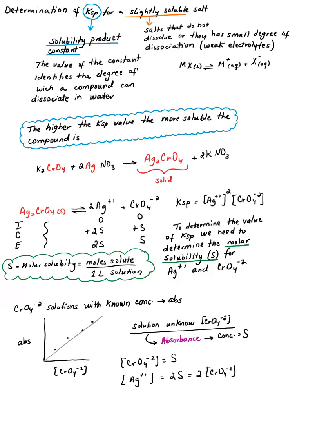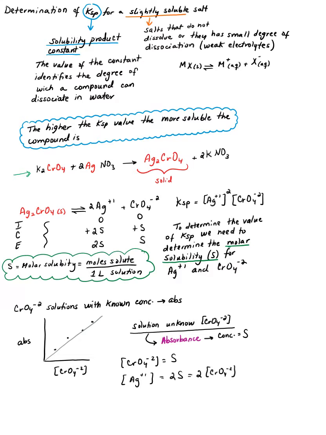This silver chromate we're going to actually prepare experimentally, and as I'm showing you in this reaction down here, we're mixing an aqueous solution of potassium chromate with an aqueous solution of silver nitrate, and when you combine those two, you have your ionic exchange, and now you're getting as a product the silver chromate.